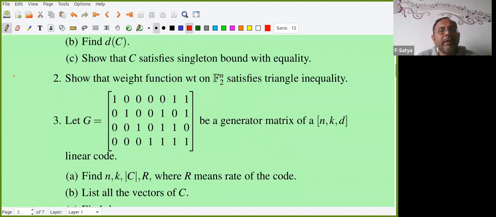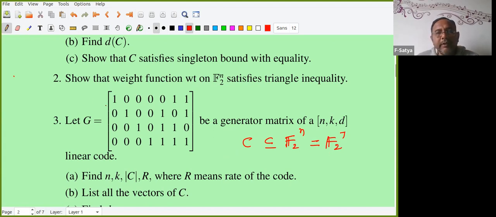Please respond here. C is a subset of F2 power n. What is n? I already told you, n is 7. It is F2 power 7, correct?